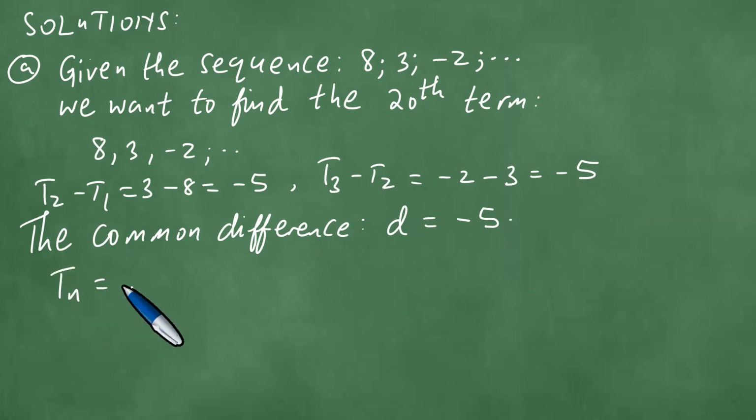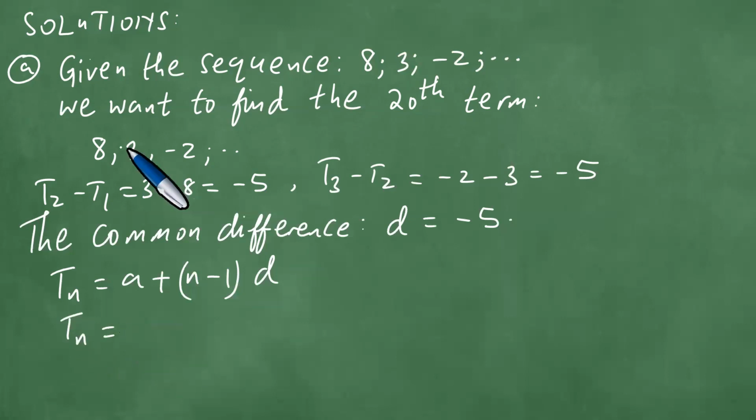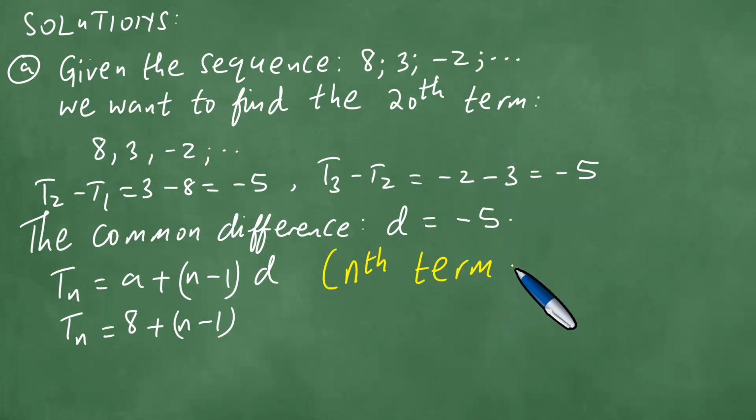Tn equals A plus n minus 1 into D. What is the first term? The first term is 8. We just substitute. This is the formula. What formula is this? This formula here is called the nth term formula.